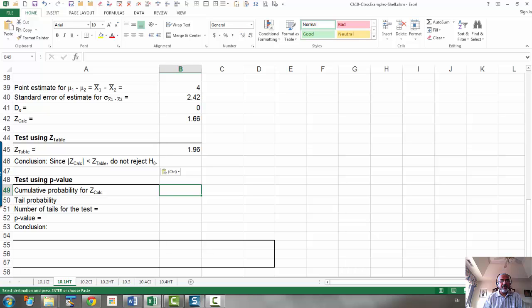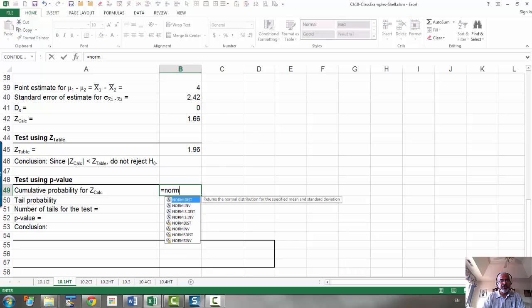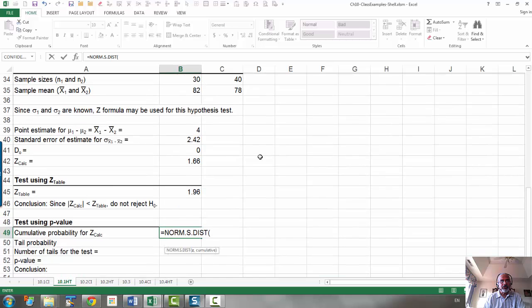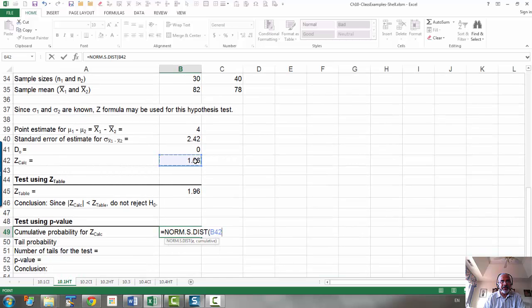Now we can do the same test using the p-value. The p-value is found step by step. We use NORM.S.DIST and select the z calc value, then the z value comma 1 for cumulative probability, and this gives us the cumulative probability.